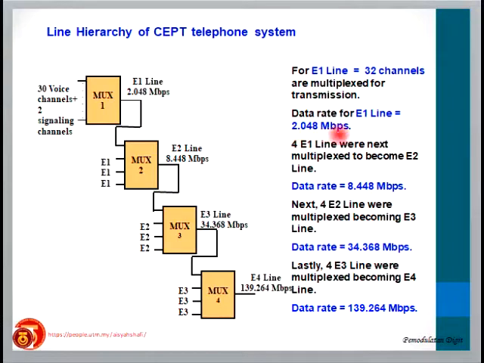So this is the data rate, and then E1 lines are multiplexed to become the E2 line with a data rate of 8.448 megabits per second, and then E2 lines are multiplexed to become the E3 line. Okay, and so on.